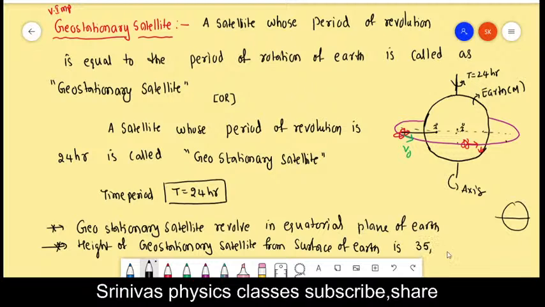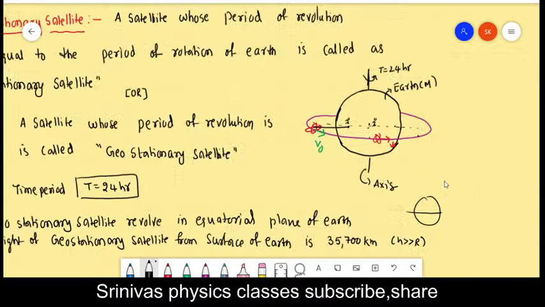Very large height. This height is much greater than the radius of Earth, which is only 6,400 kilometers. This is about the geostationary satellite. In one day, it will get full information of the Earth. It will take photographs and everything. In a half rotation, it will cover half of the Earth, and in the remaining half the full Earth is covered, because it is revolving at a large height.